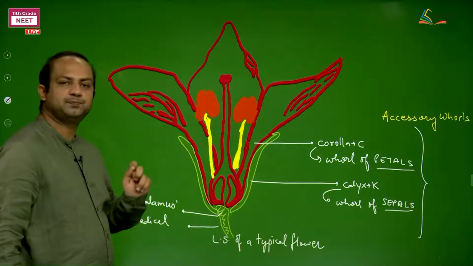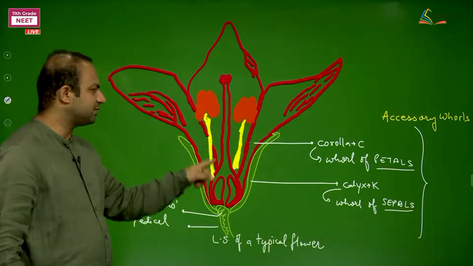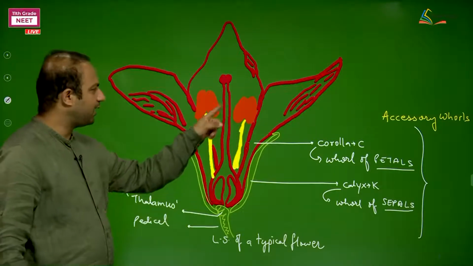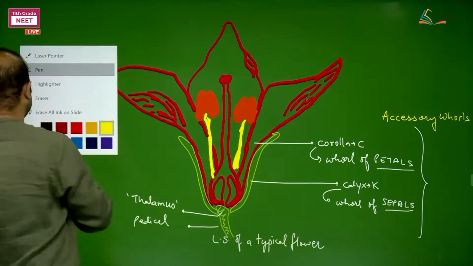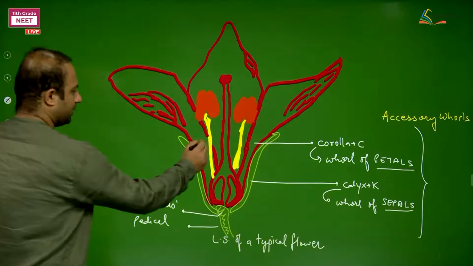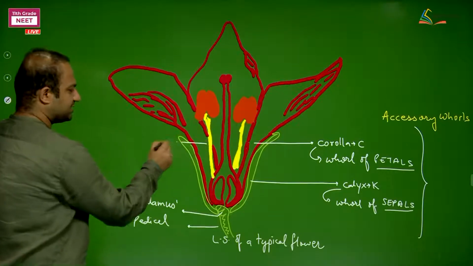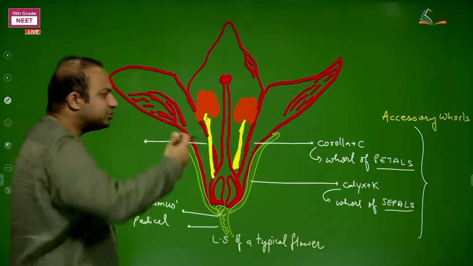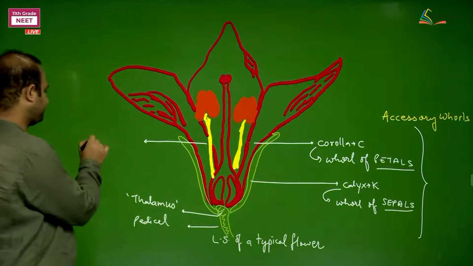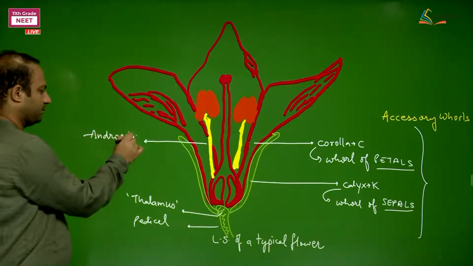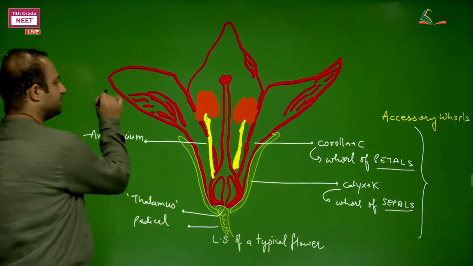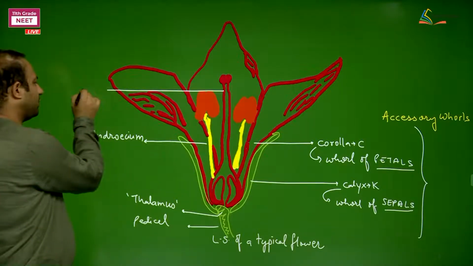So the remaining parts we are coming to. This one and this one, these yellow stalked structures, and this structure which is elongated and tube-like. This is the androecium, as a total. And this one is representing what?